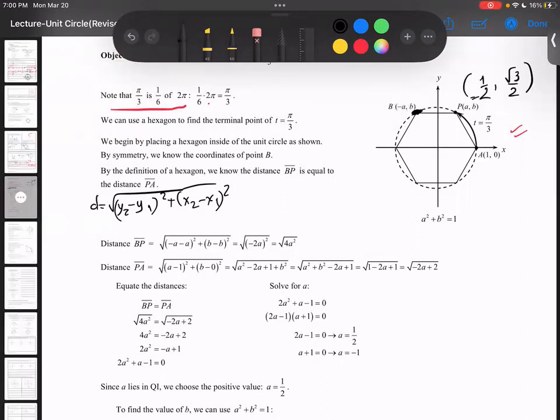Or the square root of x2 minus x1 squared plus y2 minus y1 squared. It doesn't matter, it's the same thing, like a plus b, b plus a.